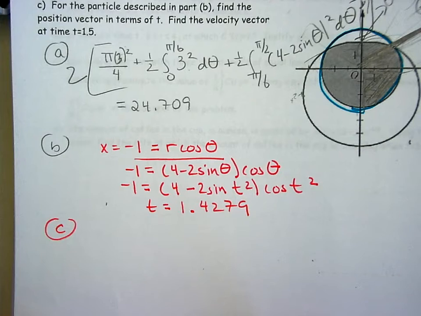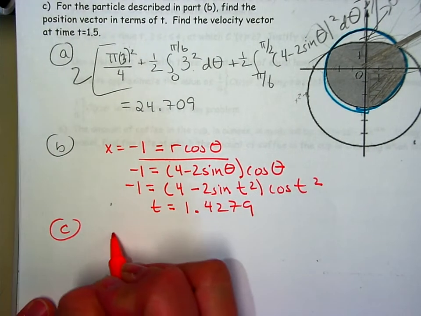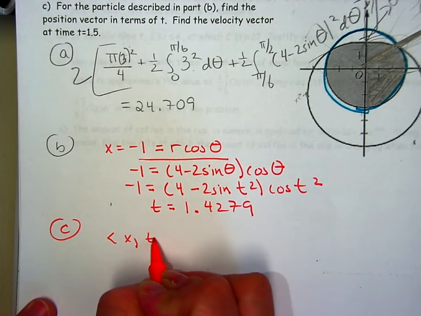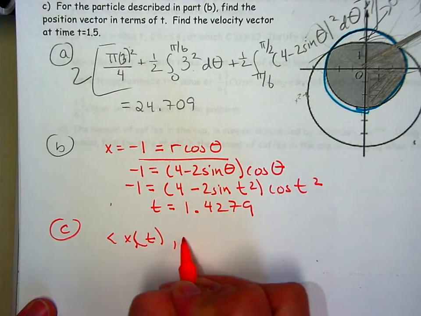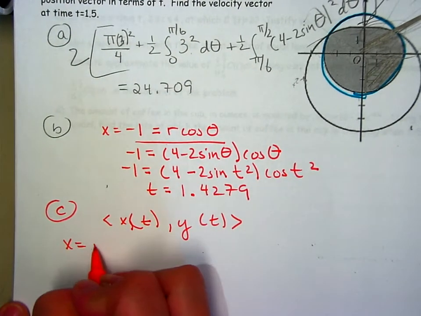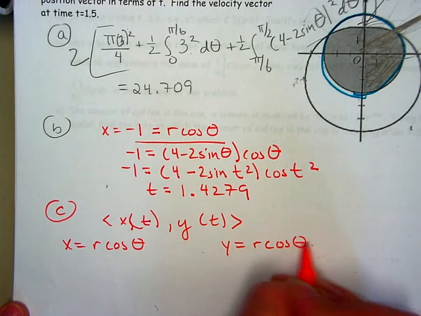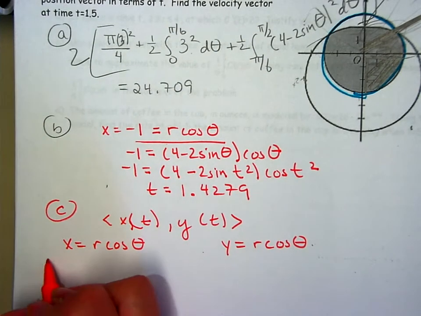Okay, part C, find the position vector. So I need an x, and they want it in terms of t, so I want an x of t and a y of t. Again, my two equations for x and y in polar form are these, but I need it in terms of t. So let's do the substitution for r first.